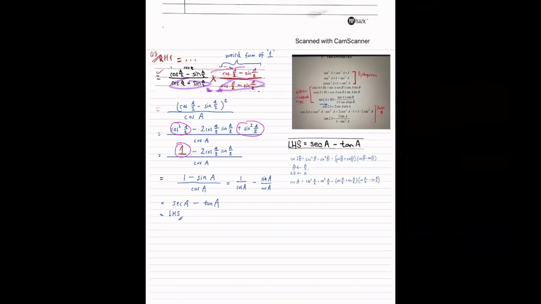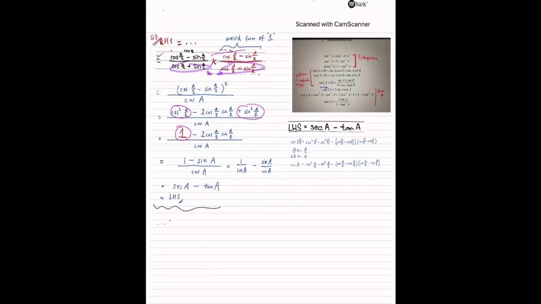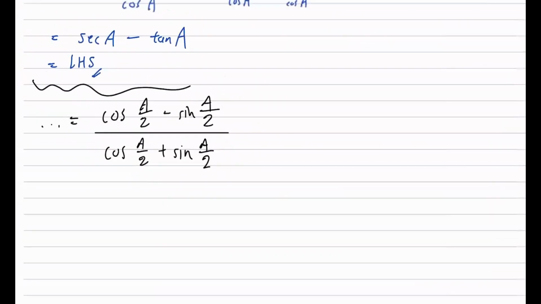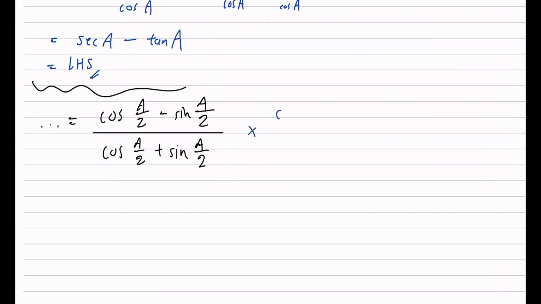Okay, just to explore. The expression eventually becomes cosine A over 2 minus sine A over 2. Let me just copy it down first. How about if we multiply top and bottom by, here's a crazy thought, another copy of cosine A over 2 times cosine A over 2?